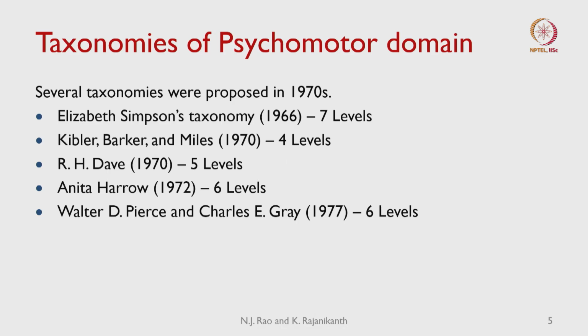R.H. Dave in 1970 suggested 5 levels, and Anita Harrow in 1972 offered 6 levels, and Pierce and Gray in 1977 suggested 6 levels. We will look at Pierce and Gray taxonomy of psychomotor domain. You can say that is our preferred taxonomy based on our survey.